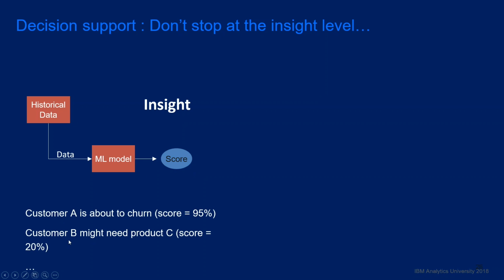Customer B might need product C; what is the probability or propensity to get product C? Here you only need the data, and right now you can put them in Python using Watson Studio, and you can use even the auto modeling techniques that Watson Studio has. And this is today's environment; it might be even a completely automated process.